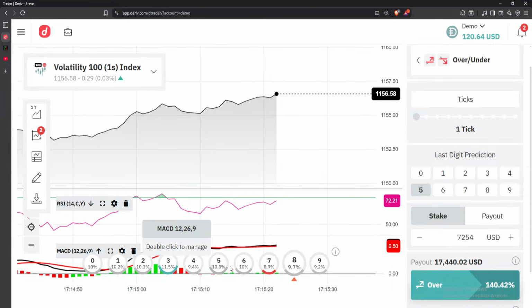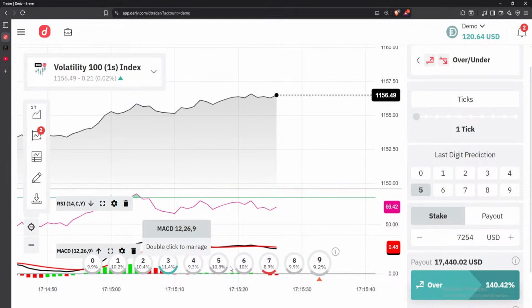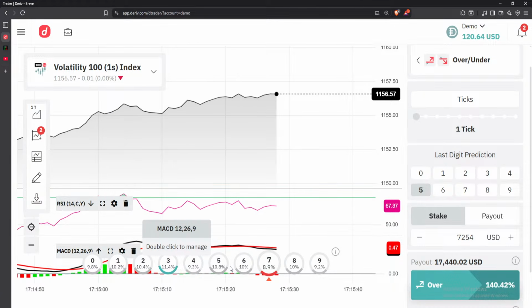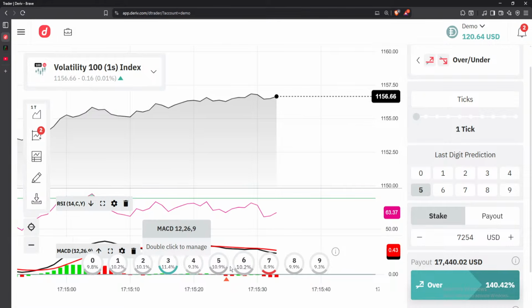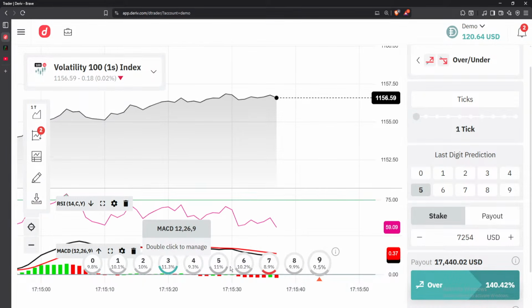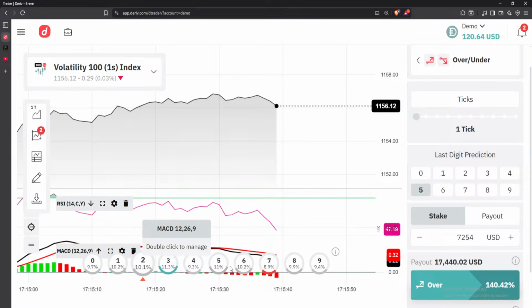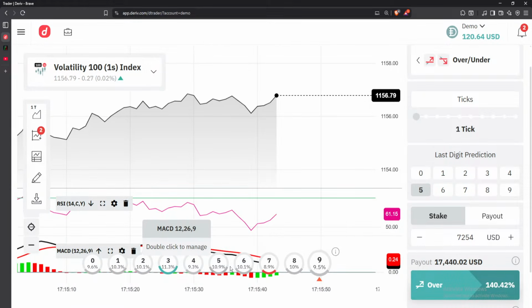Even when you're trading differs. Whenever I am teaching differs, I usually say never predict 0 as the differs number, because for some reason, it will be predicted. So ensure 0 is below 9.5%, and 1 and 2 below 10%. And then ensure that green circle is 3 numbers away from us. And that is the first step.